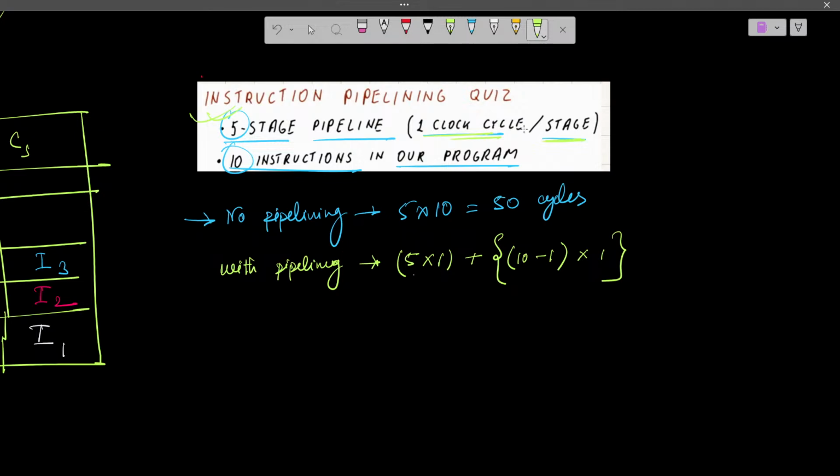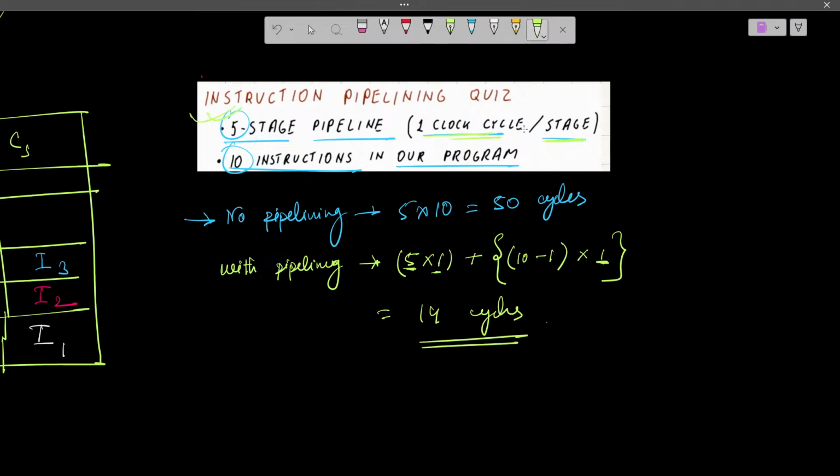You guys understood, right? As this is a 5-stage pipeline, it will have to go 5 for the first one, but after that only 1. So total will be 14 cycles.